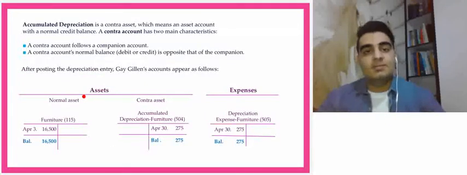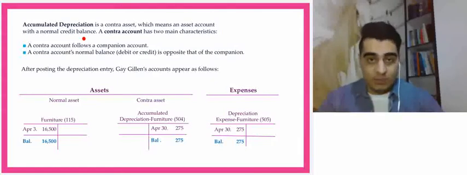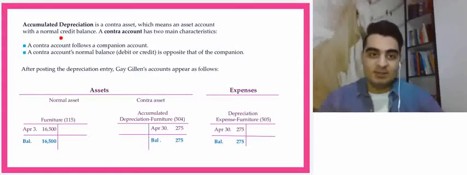Now let's talk about accumulated depreciation a bit more. It says here that accumulated depreciation is a contra asset, which means an asset account with a normal credit balance. We all know that all asset accounts have a normal debit balance, but this one is completely different. It has a normal credit balance.